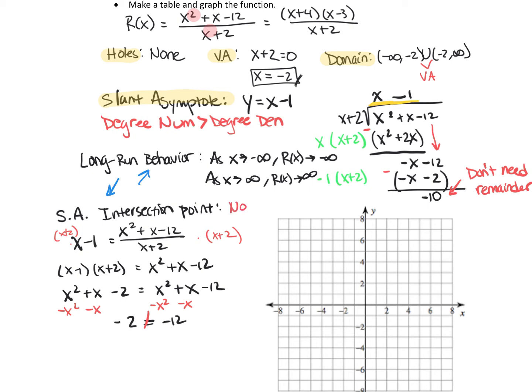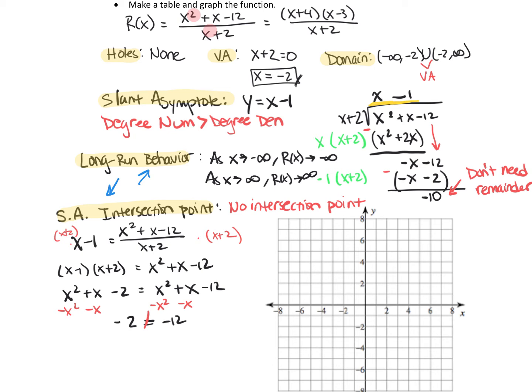So make sure to denote that. And that is going to be the last of that second bullet point that we have, where it's asking us to find the long-run behavior, horizontal or slant asymptote, and the intersection point.